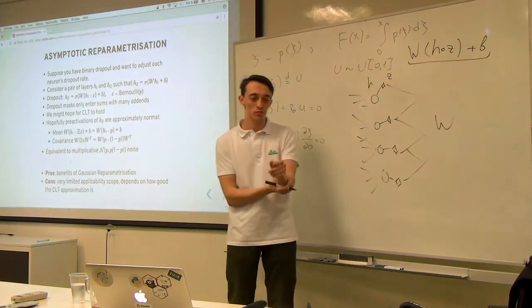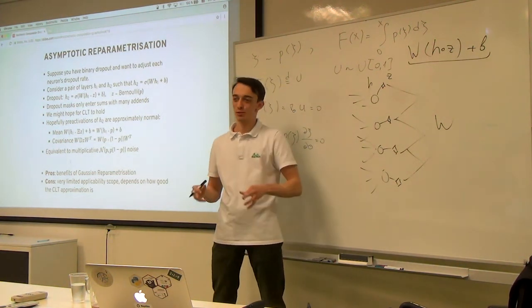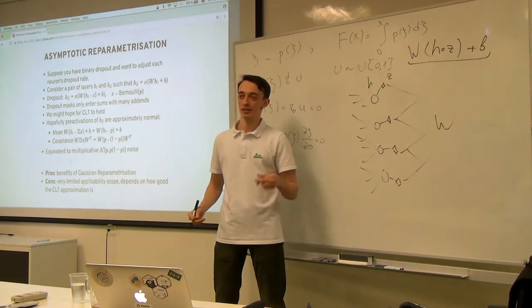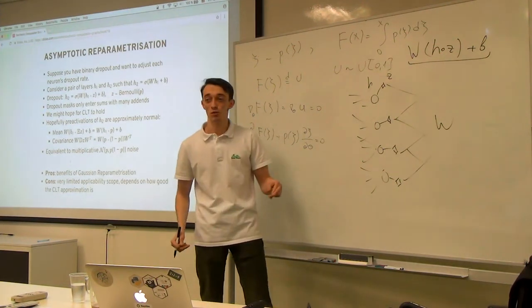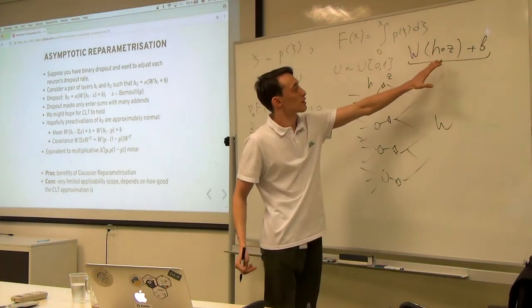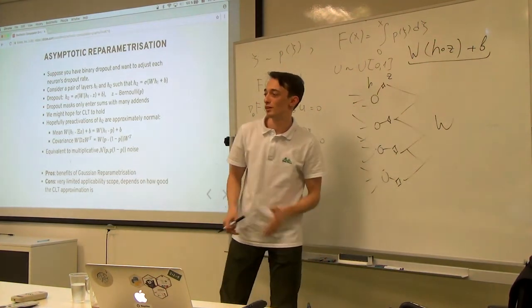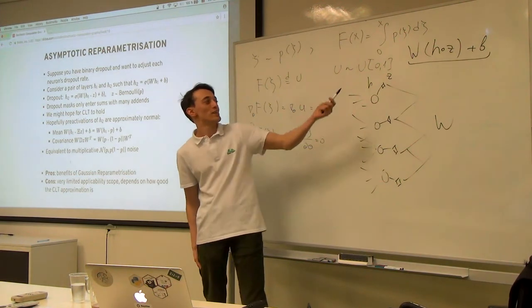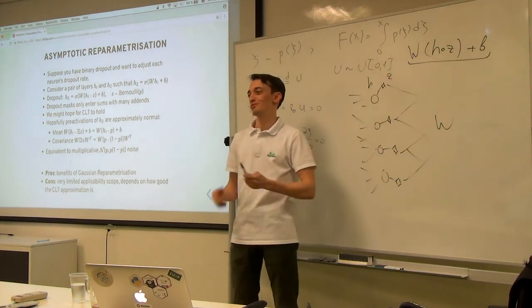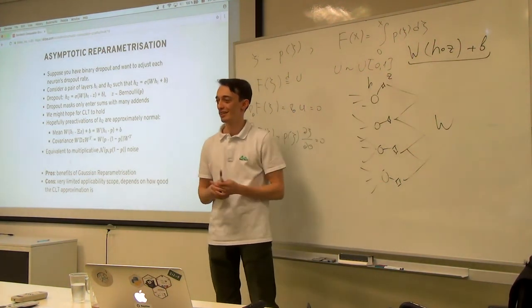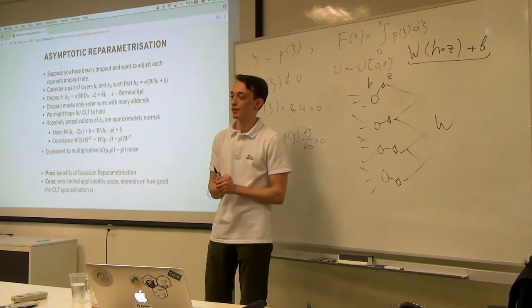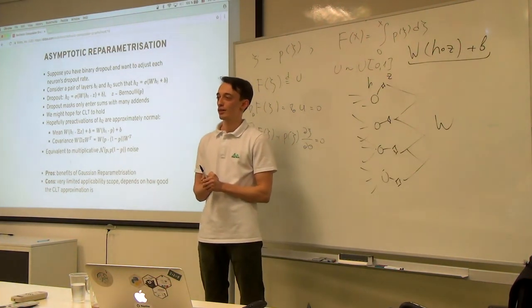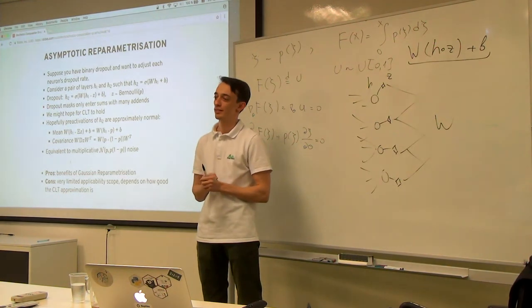So one can cross their fingers and hope that the CLT holds, and this thing is approximately normal. Why only with hope? Well, because we have a finite number of nodes. The central limit theorem doesn't strictly hold, it's an asymptotic result. Of course.